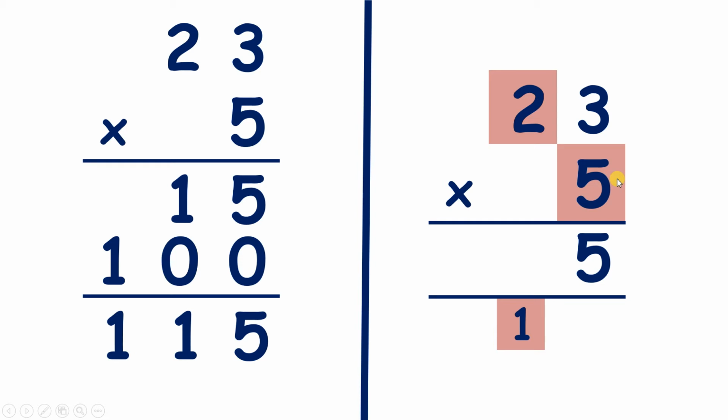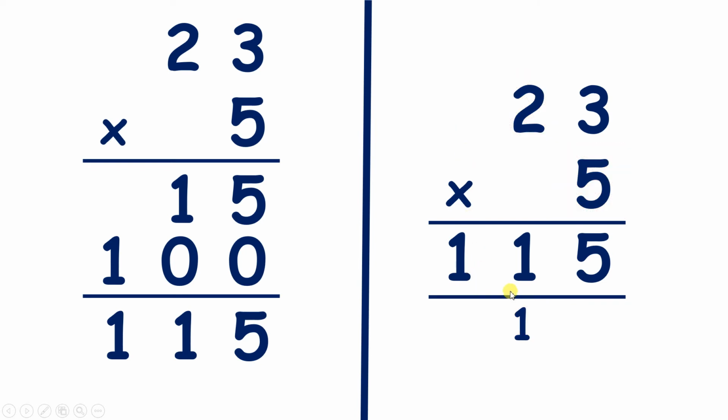So 2 times 5 is 10, plus 1 is 11, so we can write 11 in our answer box. And though we have a two-digit number, we don't really need to write the first digit underneath our hundreds column, because we're not multiplying by any hundreds. So our answer is 115.